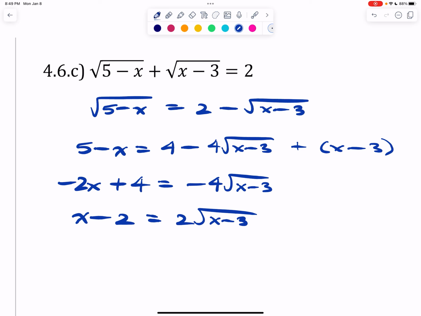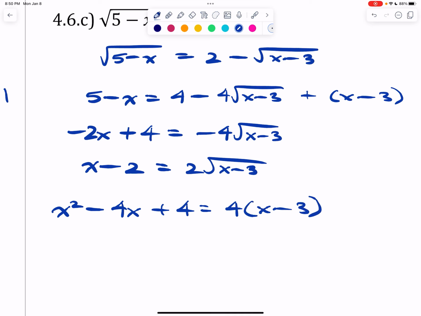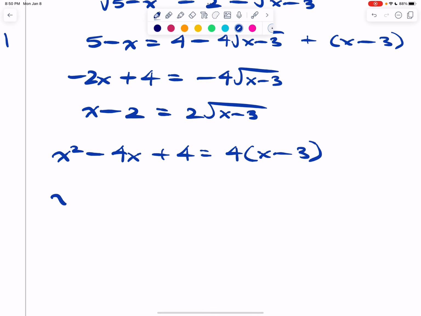Get that going. And now I'll square both sides. We've gotten 2 marks so far. Let's pile everything to one side. Negative 4x minus 4x is negative 8x.